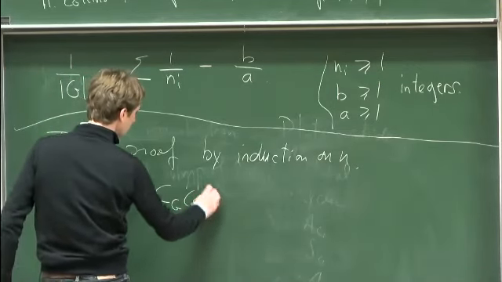If G is a finite subgroup of GL_n(C), then g is semi-simple, so you can diagonalize g. So in some basis, g will have eigenvalues like this.